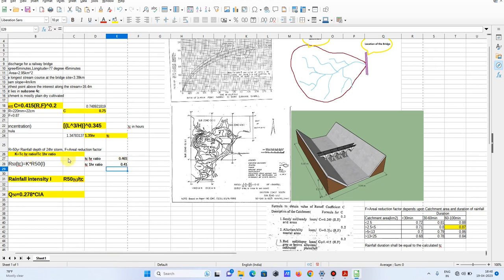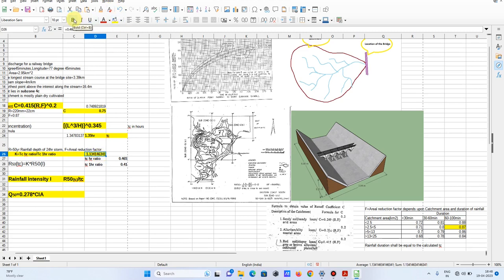Okay, so I'll calculate this K factor. This K factor is the ratio of TC hour ratio to the TC 1 hour ratio. TC hour ratio is 0.465 divided by 0.41, so it is 1.13.